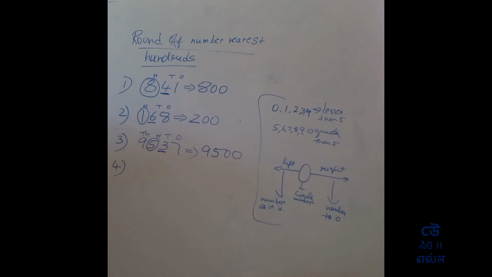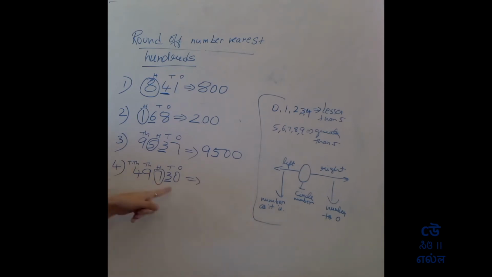Next, fourth problem. 49730. Okay. So, ones place, tens place, 100, 1000 and 10,000. So, in 10,000 what do we have? 4 we have. They have given in the question hundreds place. So, we have to circle the hundreds place number and consider the right side of that circled number.